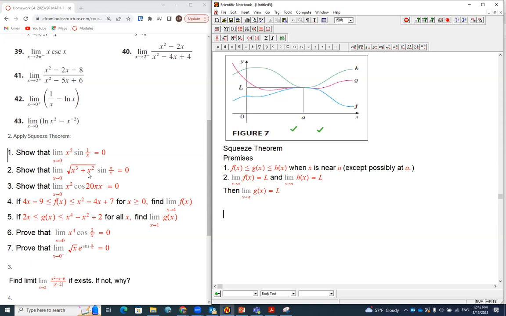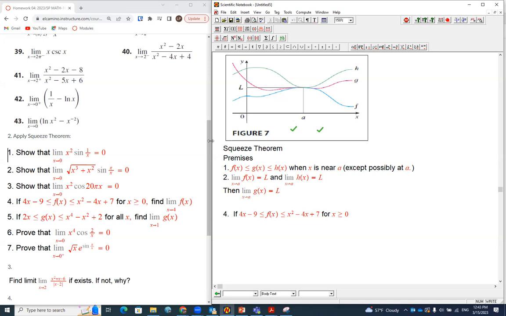When we apply the squeeze theorem, say number 4, it says if 4x minus 9 is less than or equal to F, and less than or equal to x squared minus 4x plus 7, for x greater than or equal to 0. So this is a given.